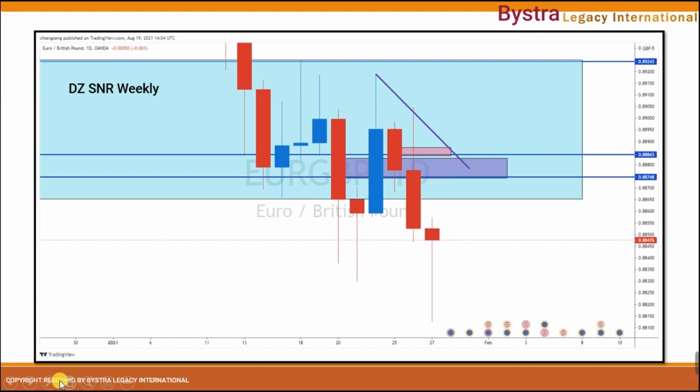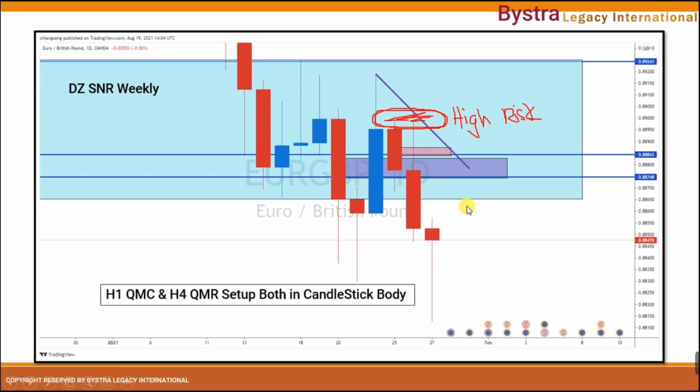If the setup is in this area here, then it will be considered high risk. Okay, so we do not want those setups to be at the wick. This area is considered high risk. Okay, remember, guys, both setups have to be at the candlestick body. So it met the SOP.